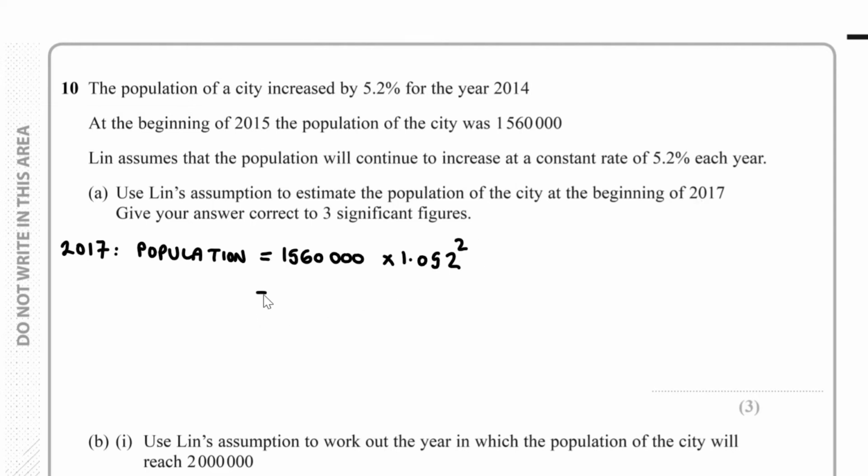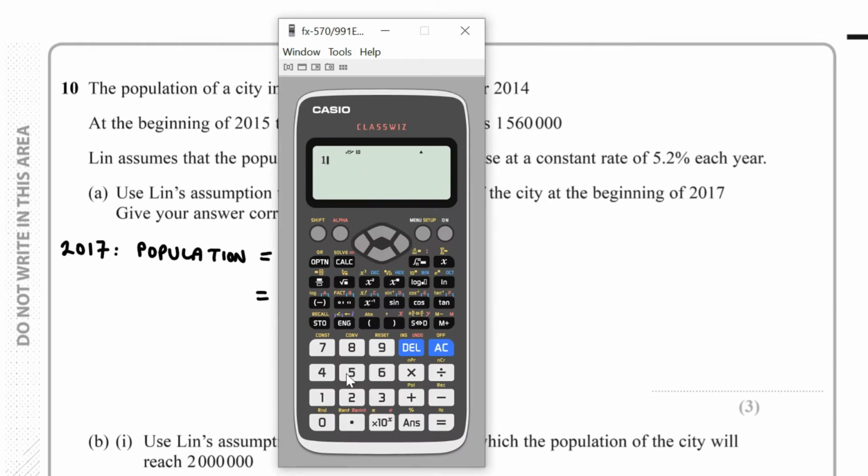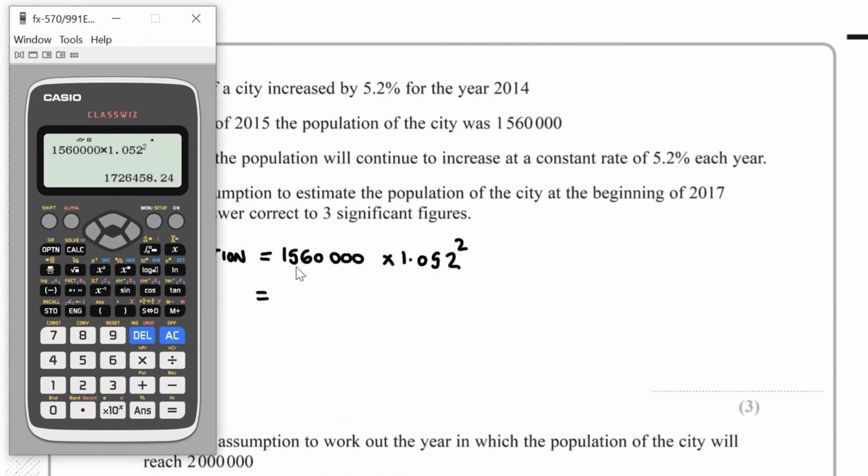So if we work this out, 1560000 times 1.052 to the power of 2, you will find here we get 1726458.24.